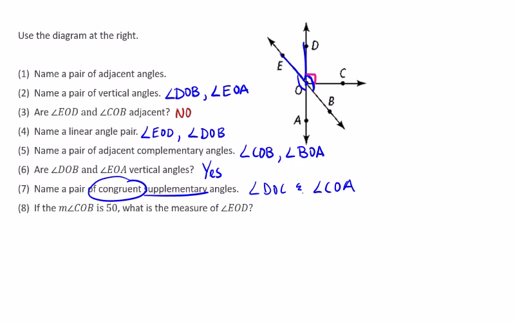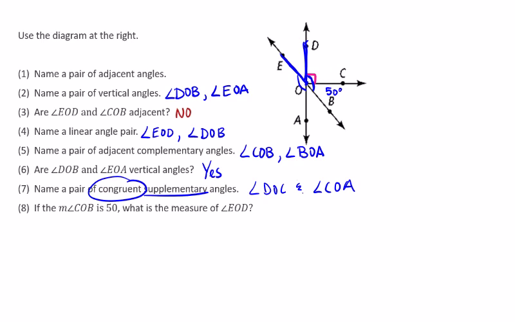All right. And then number 8, if the measure of COB is 50, what is the measure of EOD? So EOD, back to this one here. All right, so how could we find that?